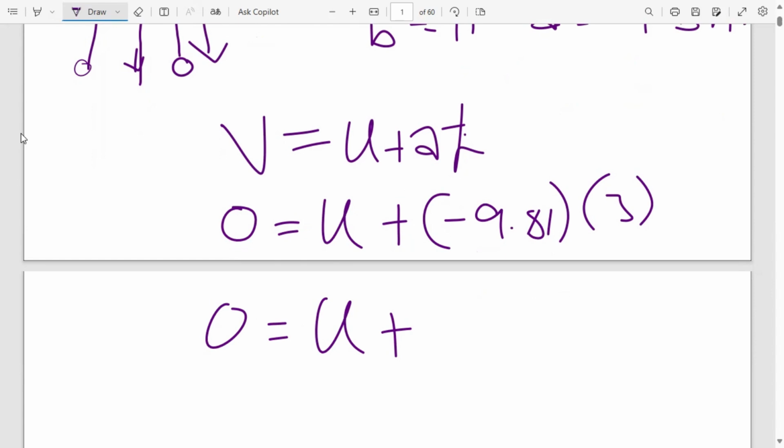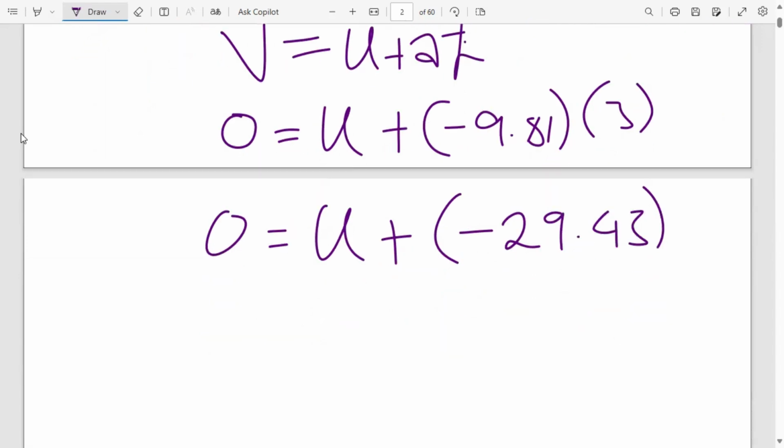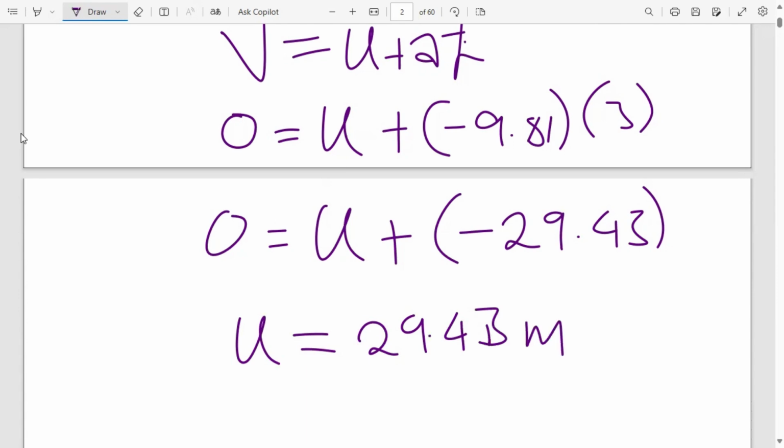Okay, I'm getting plus negative 29.43. So I'm going to take this to the other side, and I'm going to remain with u is equal to 29.43, and this is initial velocity, which means it is in meters per second.